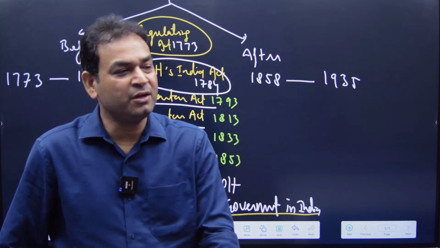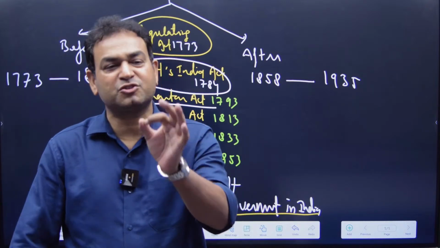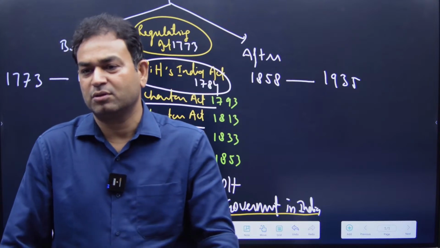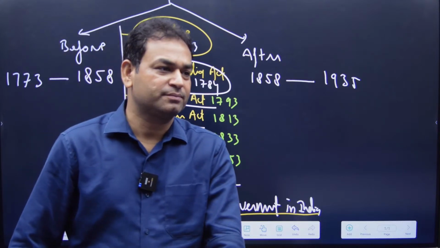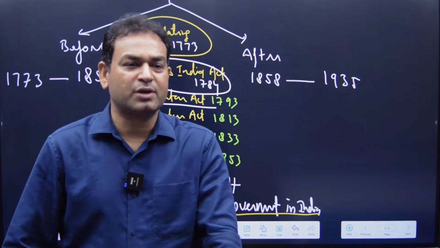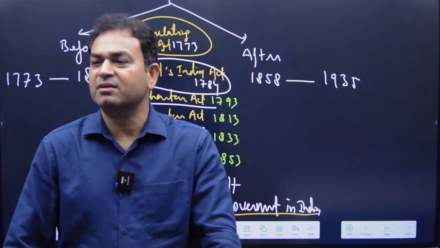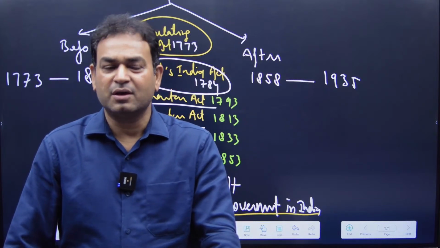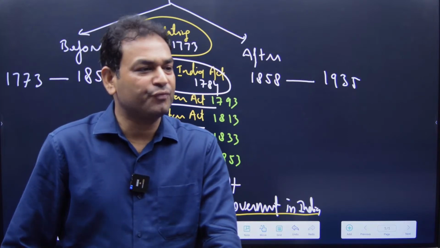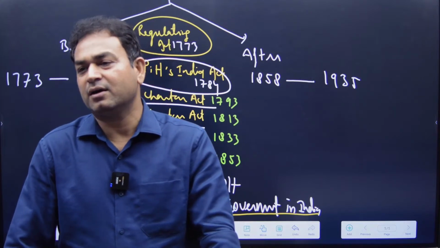So there is a need of strict check and control over the affairs of the company, and they suggested to establish a separate governing body which can control the affairs in India.